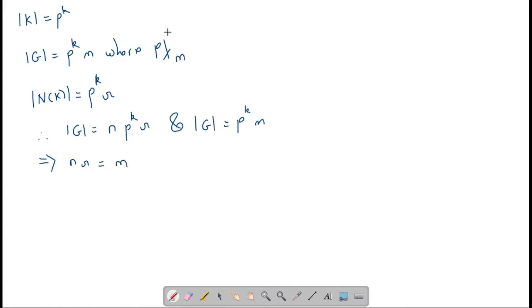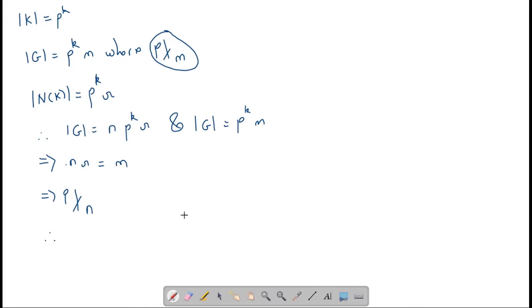But here you see that p does not divide m, which means that p cannot divide N, because if p divides N, then p will have to divide m, but that is not true. Hence p does not divide N.